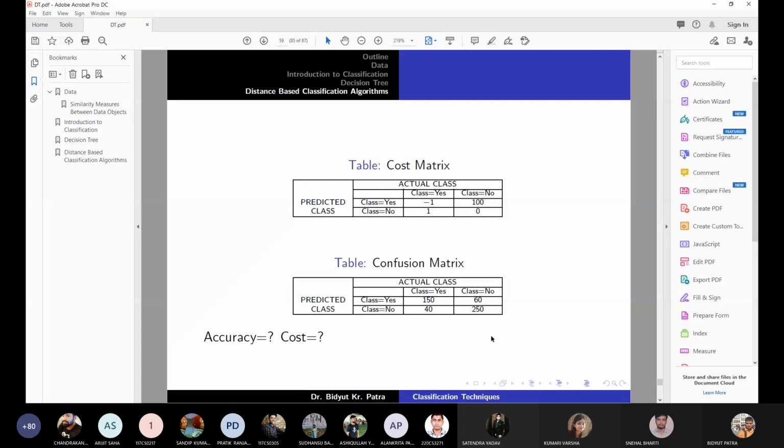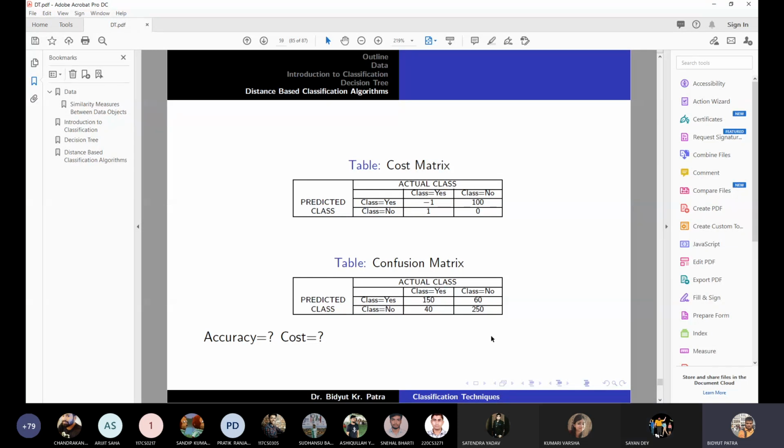Regarding that question, if we have n classes, can't we form an n cross n confusion matrix simply? That is what I said.